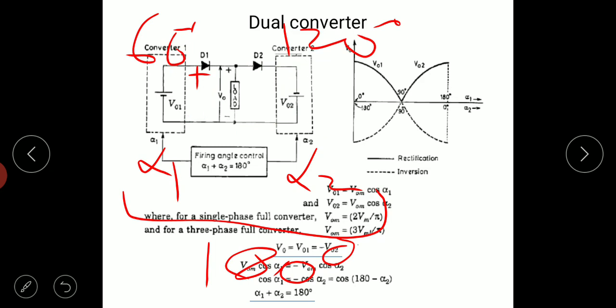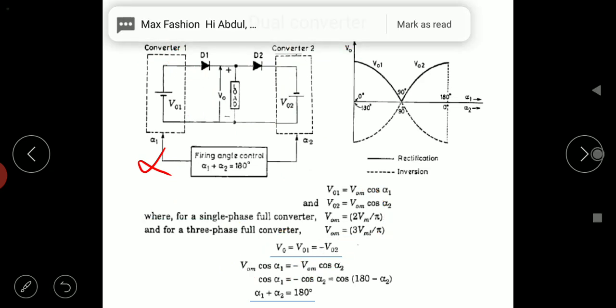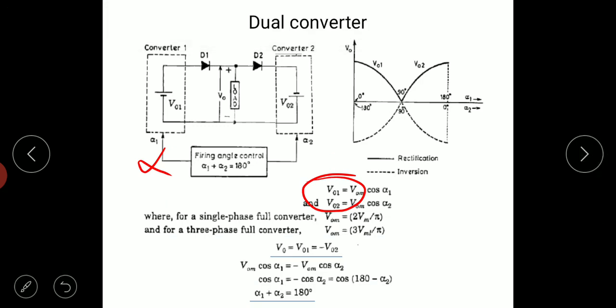Now, what is the issue? The issue is that we have here considered the average values. The average values are equal in polarity as well as magnitude. But even if the average values are equal, it is not necessary that the instantaneous values must also be equal.